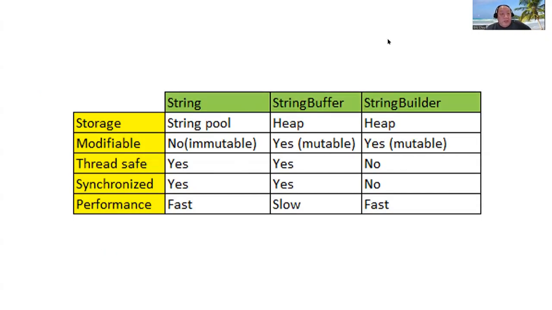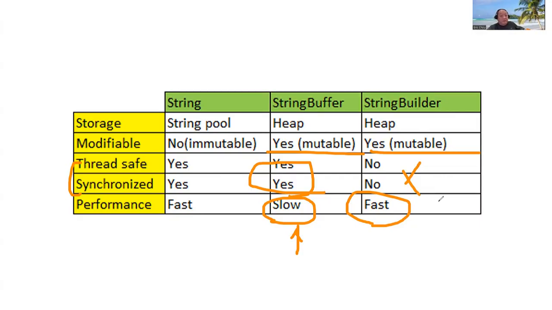So here you compare the times of the storage. Okay, this one slow, this one fast, but this one secure, mutable here, immutable here. String buffer is synchronized, string builder is not synchronized. This one is synchronized because it's immutable.